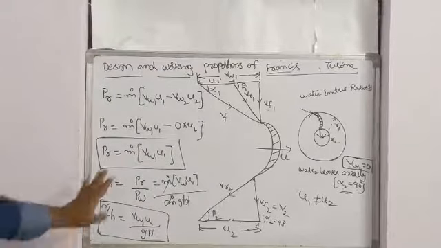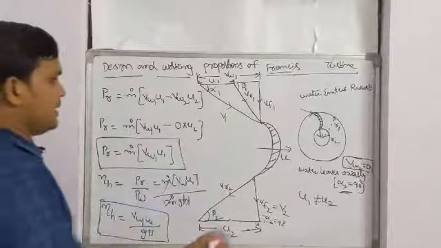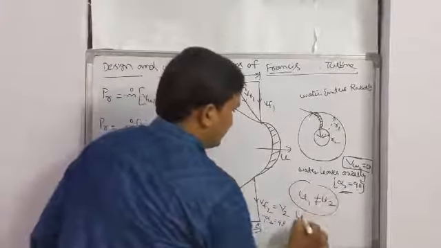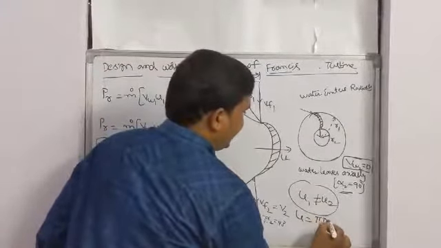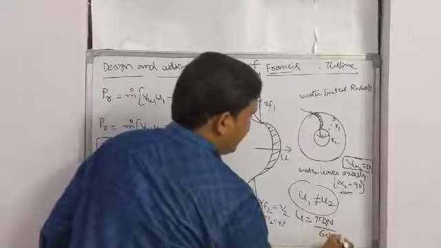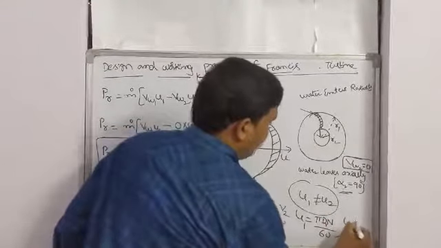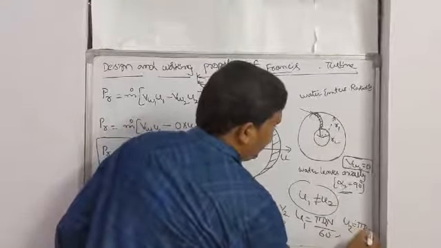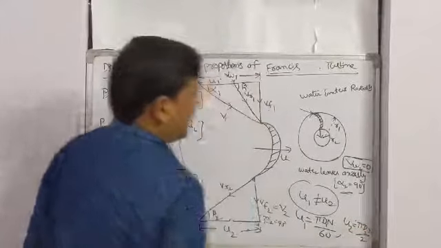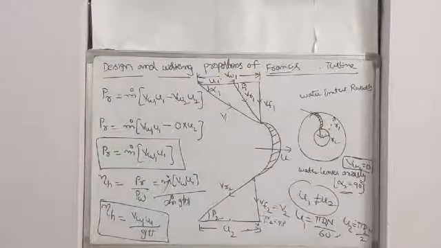Note that in a Francis turbine, U1 is not equal to U2. U1 we can write as pi d1 n by 60, and U2 as pi d2 n by 60, where d2 is the outlet diameter. So these are the runner power equation, hydraulic efficiency, and blade velocities at inlet and exit.